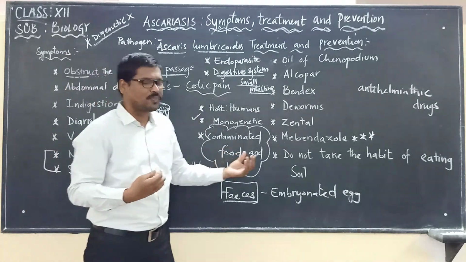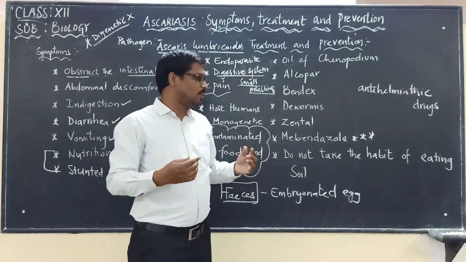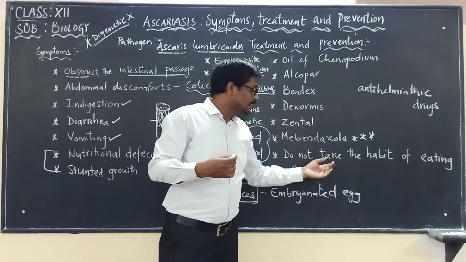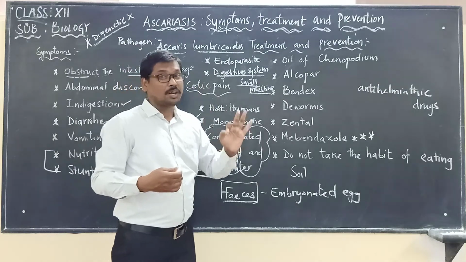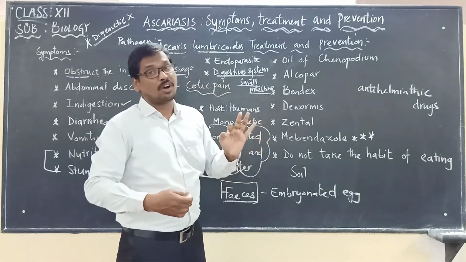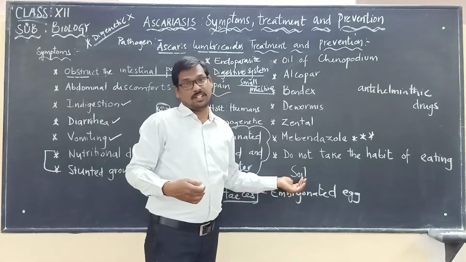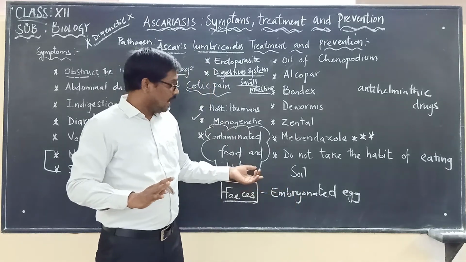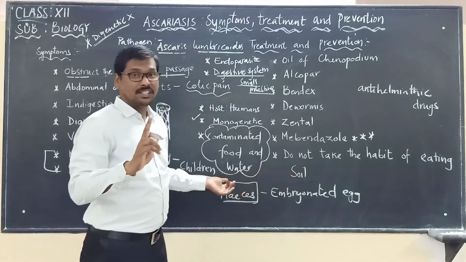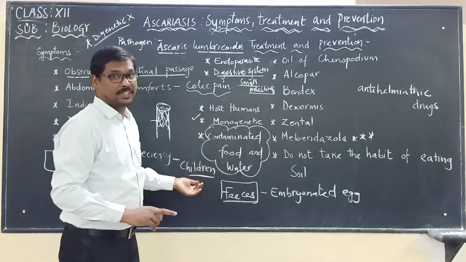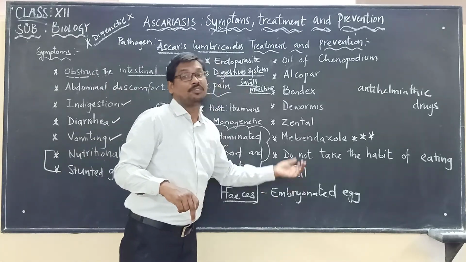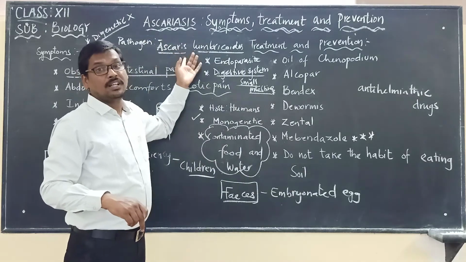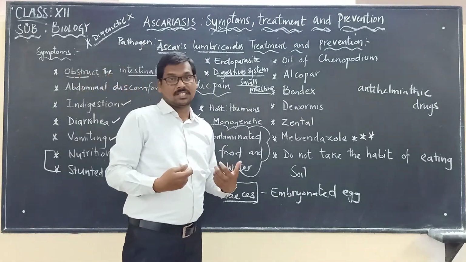The very simple prophylaxis that every parent should follow is that children should not be allowed to have the habit of eating soil, because if that soil is contaminated with fecal matter consisting of the embryonated eggs of Ascaris lumbricoides, then the children may suffer with this disease.